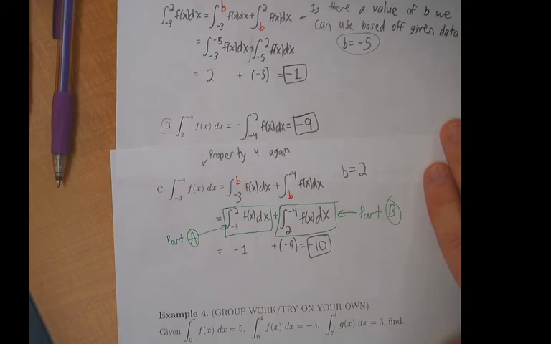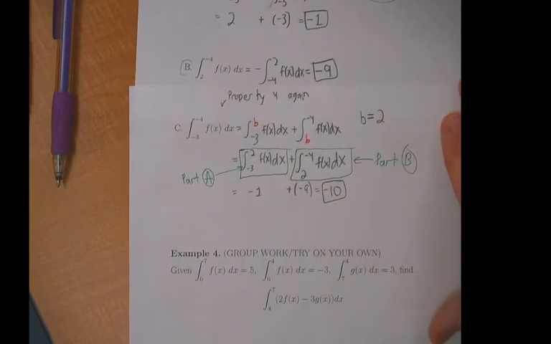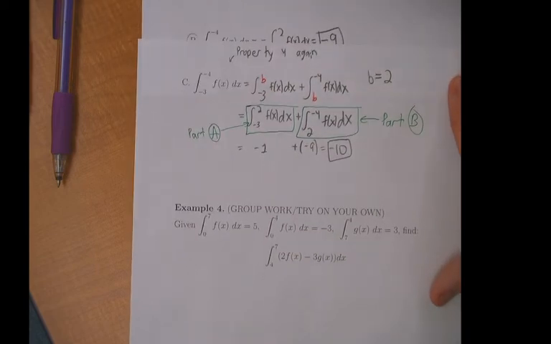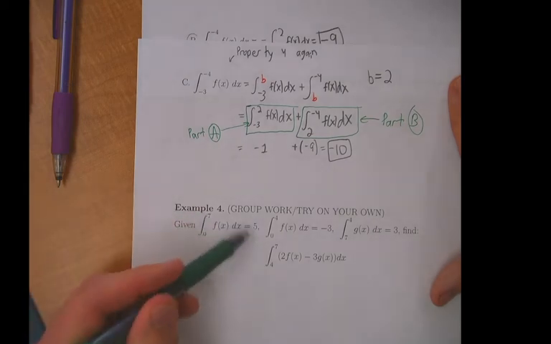Okay. As you may have noticed, example 4 is available as well. It's a group work, try on your own problem. Would you want to try this one on your own for a bit, or do you want me to help you out a bit first? We have the integral from 0 to 7 of f of x is 5.